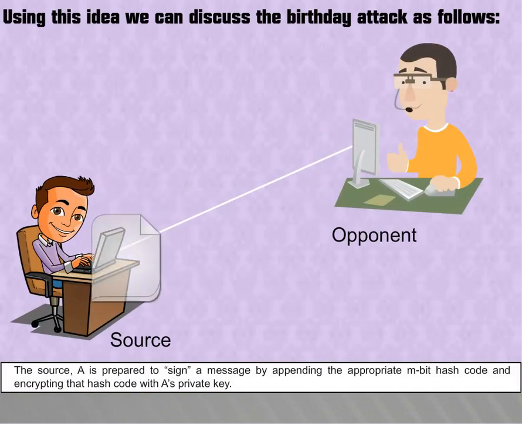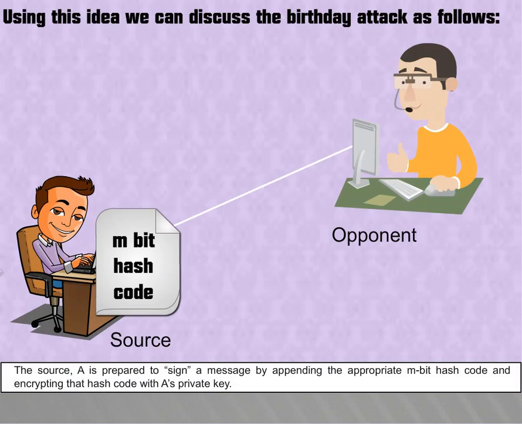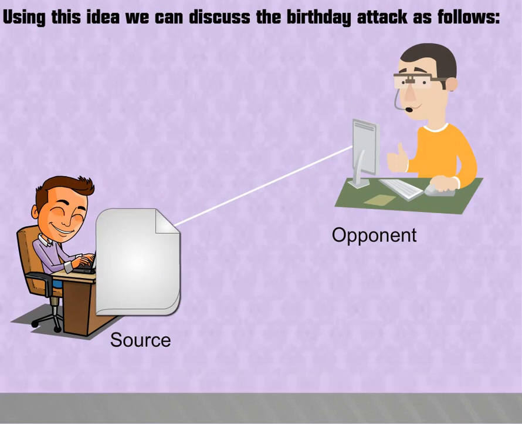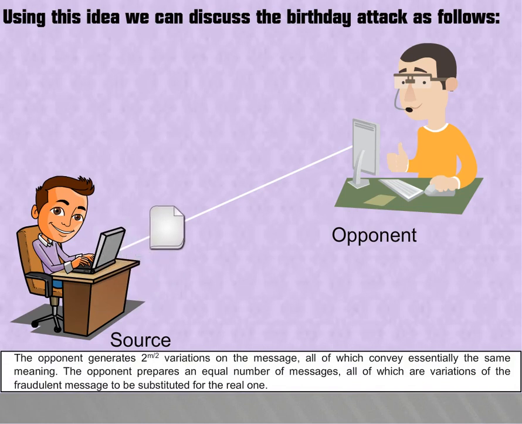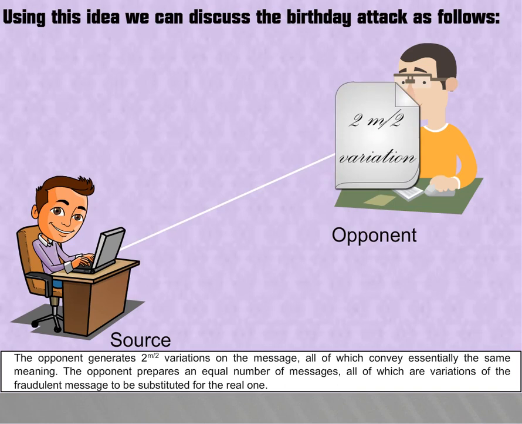The source A is prepared to sign a message by appending the appropriate m-bit hash code and encrypting that hash code with A's private key. The opponent generates 2 power m by 2 variations on the message, all of which convey essentially the same meaning. The opponent prepares an equal number of messages, all of which are variations of the fraudulent message, to be substituted for the real one.